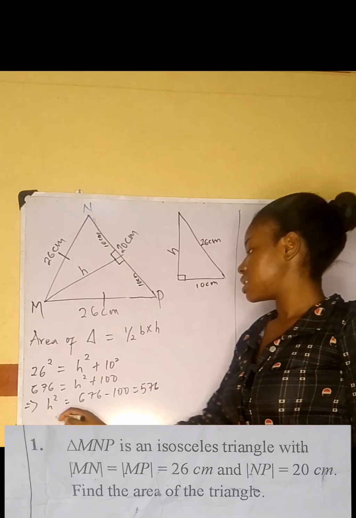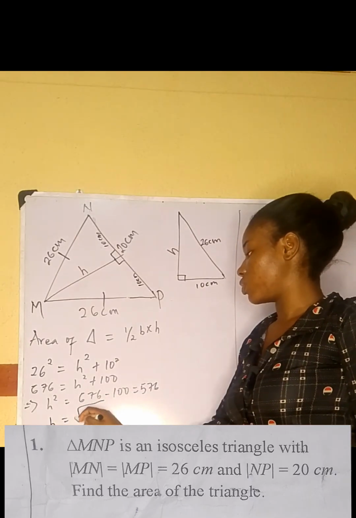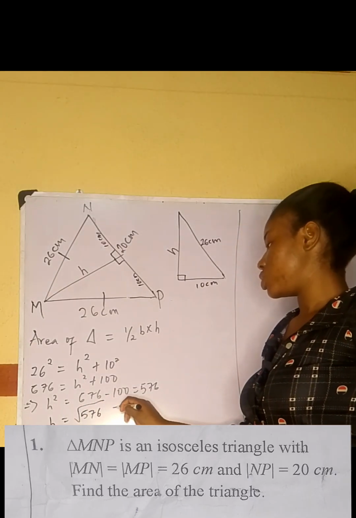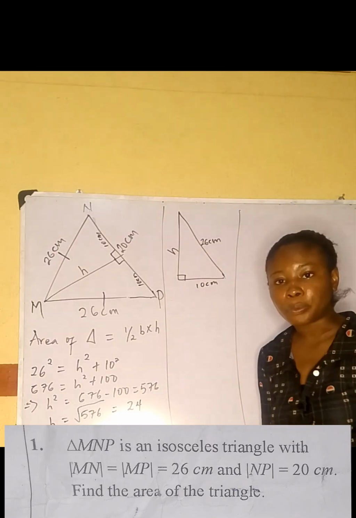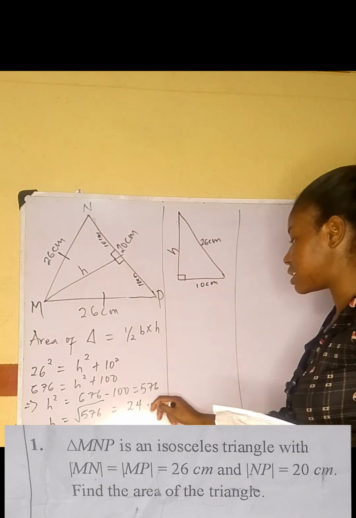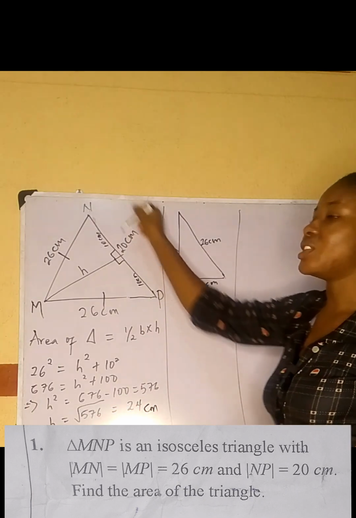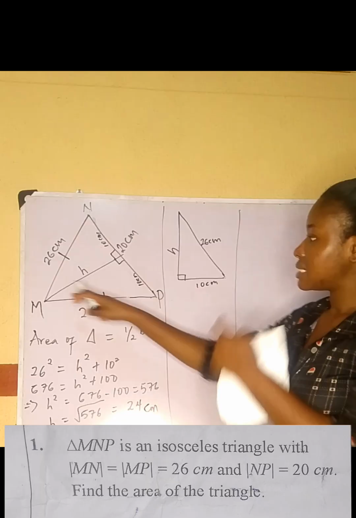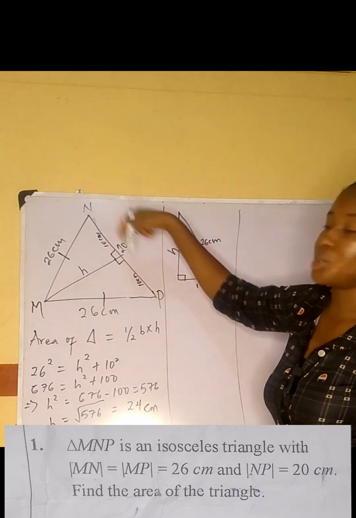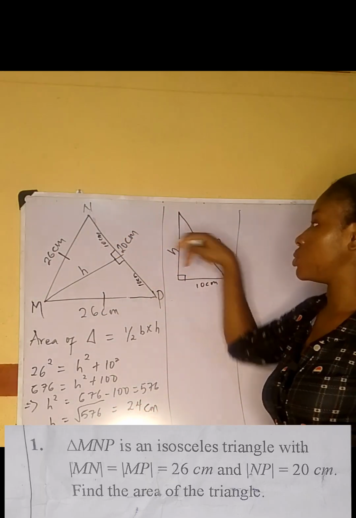So when we do that, our h will now be equal to the square root of 576, which is 24.